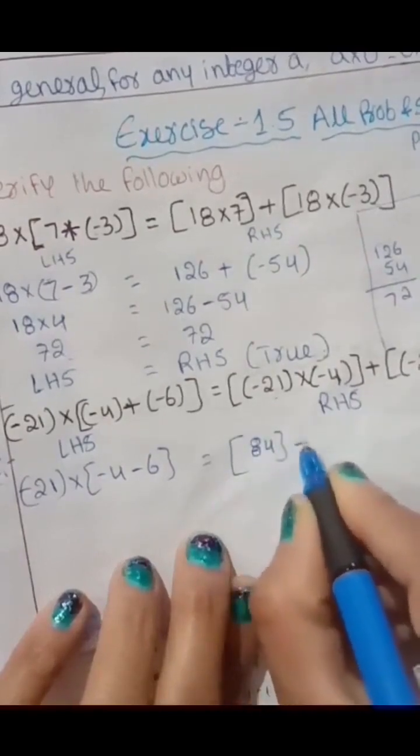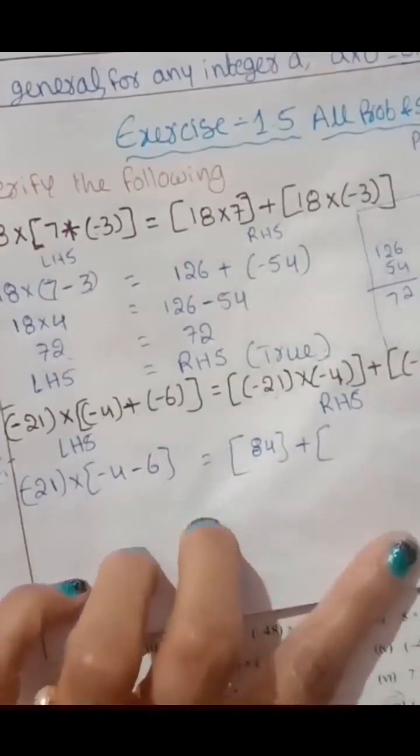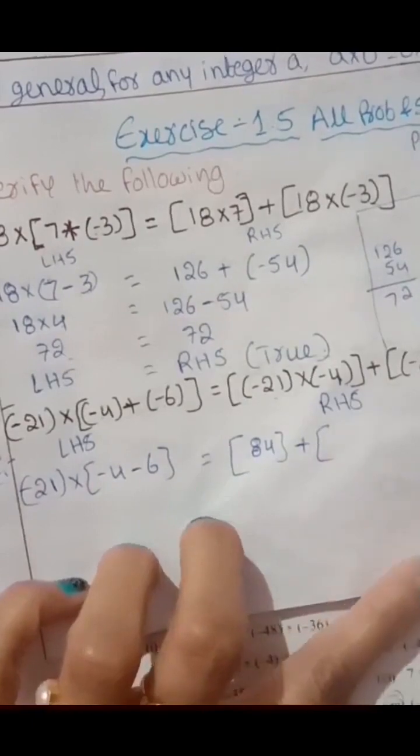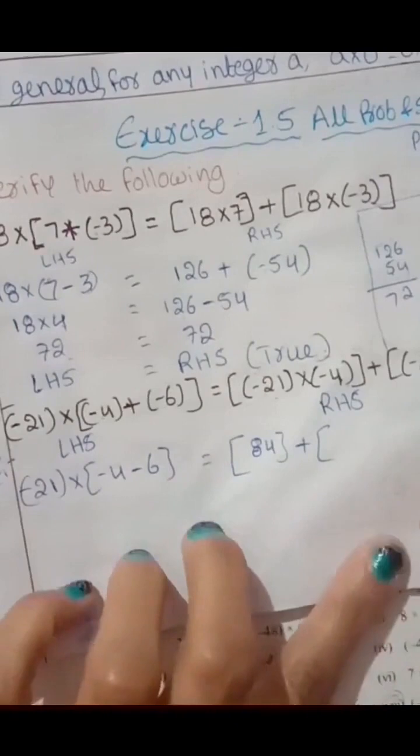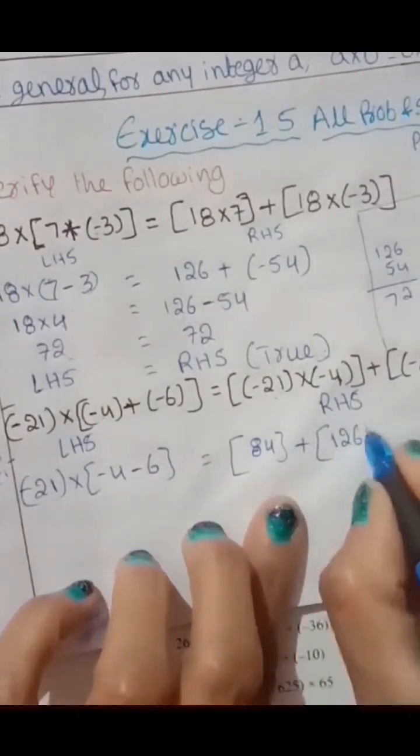Next plus 21 into 6. 21 into 6, 6 1s are 6, 6 2s are 12, so minus into minus is the plus, so plus 126.